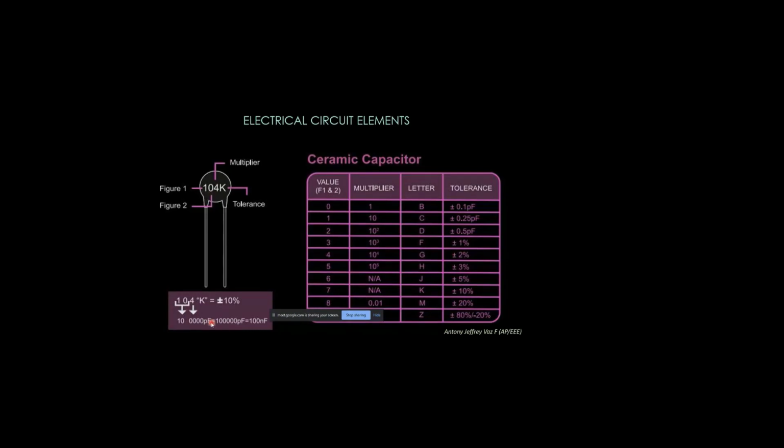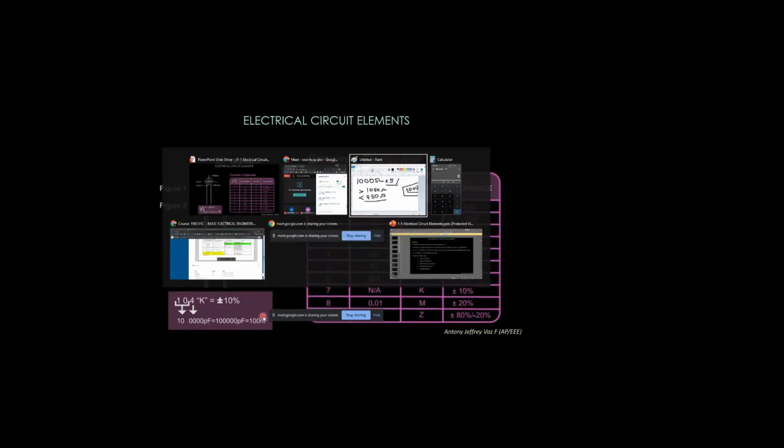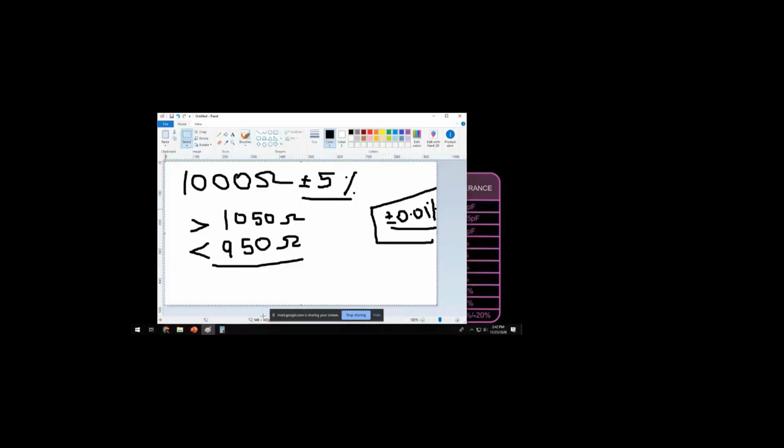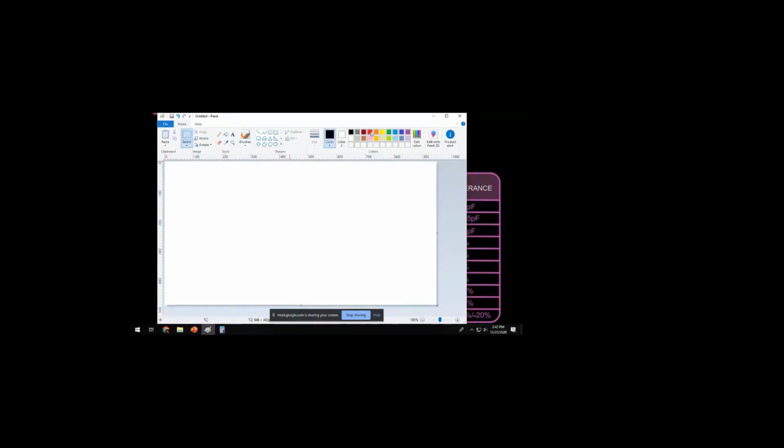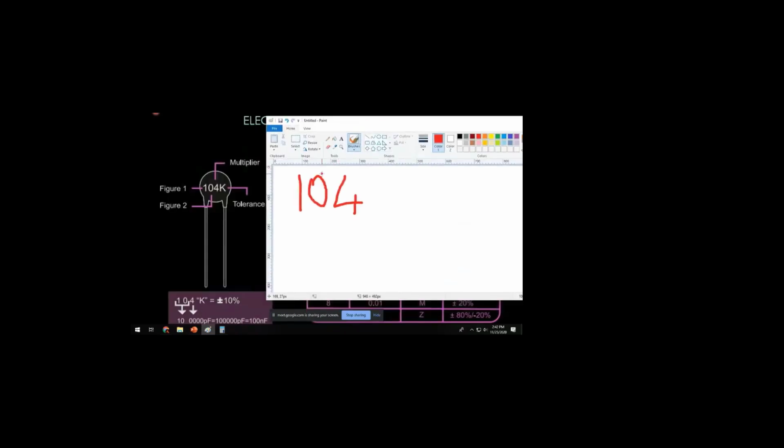So what we need to do is, this is the value written on this capacitor. You have to take 1, 0 into 10 power 4 picofarad.